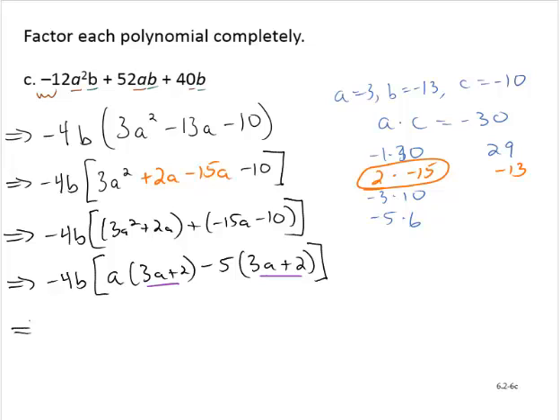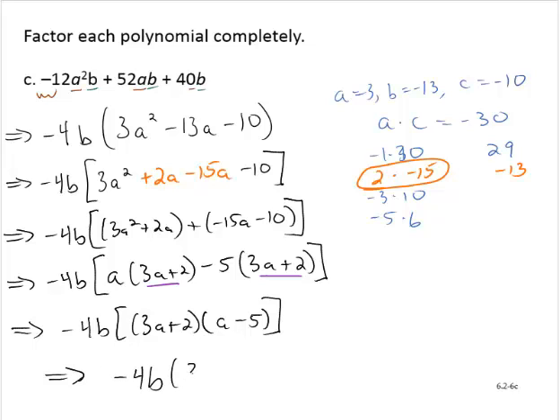So I can write this as negative 4b bracket 3a plus 2 times a minus 5. And again, we usually don't retain those brackets in the end, so I would write this as negative 4b times 3a plus 2 times a minus 5. And that is the completely factored form.